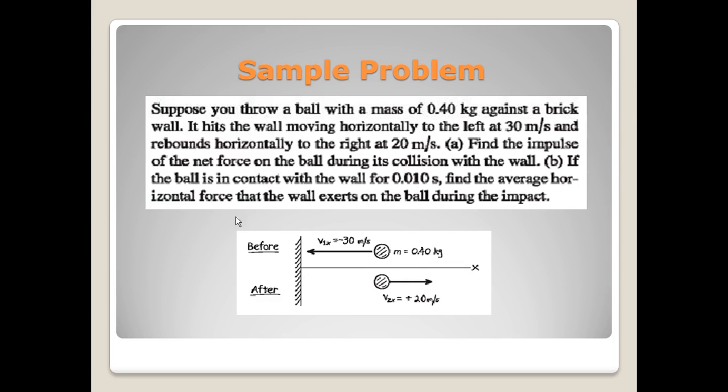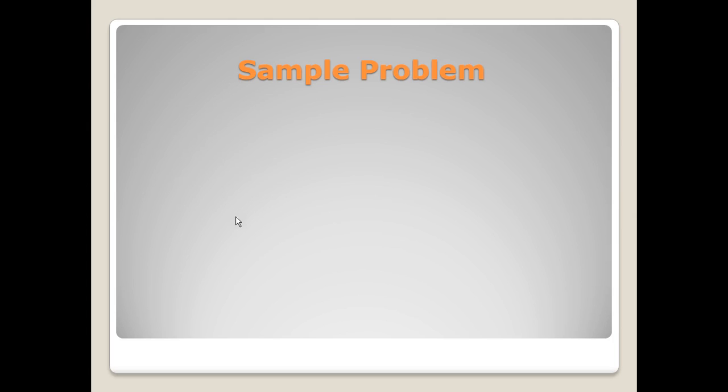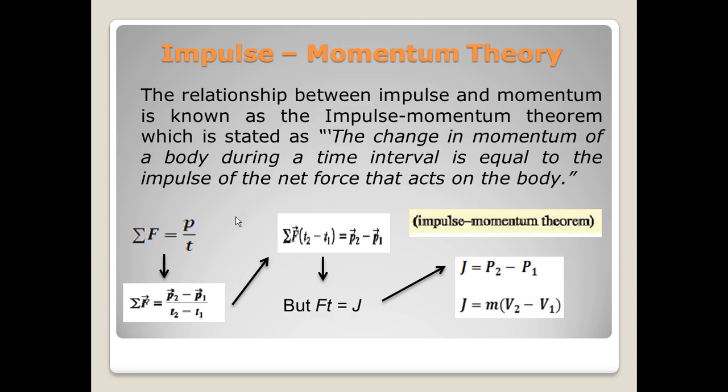Okay, so let's try to answer letter A. Find the impulse of the net force on the ball during its collision with the wall. So just like what we have presented earlier, the impulse has two expressions. The impulse could either be found by getting the product of the force and time, so J is force times time, or we could simply get the difference in momentum, the final value minus the initial value.